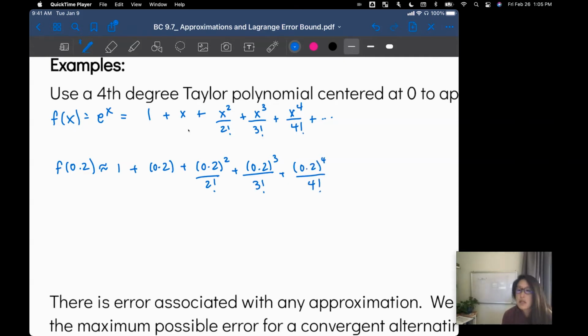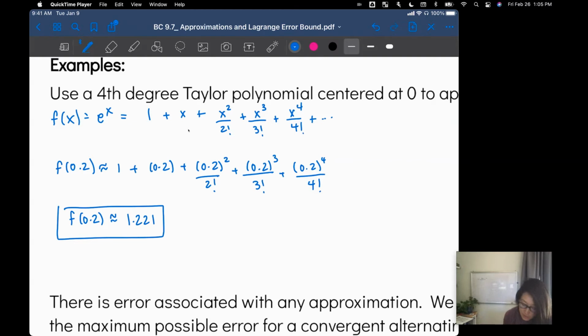And I'm not going to put the dot dot dot because I'm only using those 5 terms to evaluate. Okay, so I get f of 0.2 is about equal to 1.221.